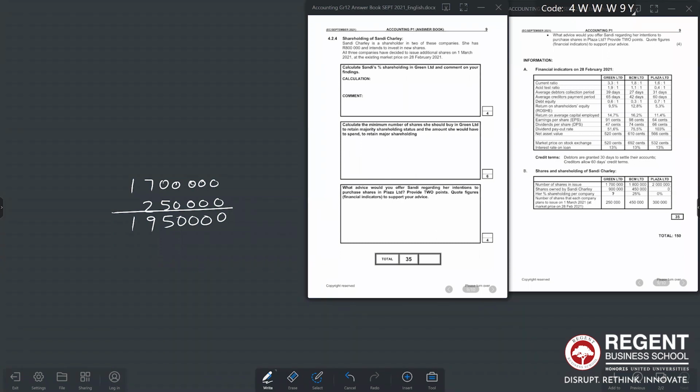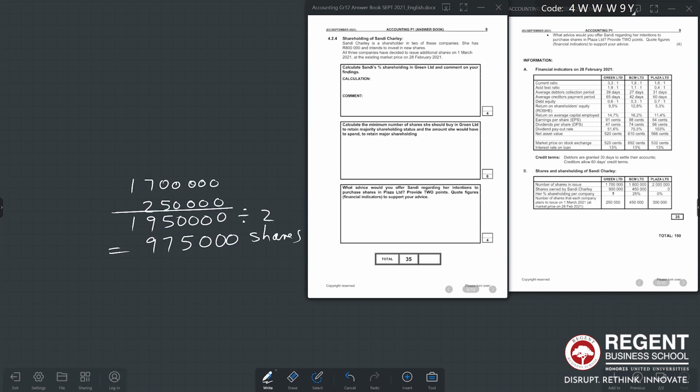Now, if you want to be majority shareholder, you must have more than 50% of that. So if I take 1,950,000 and divide it by 2, that will give me a figure of 975,000 shares. So, if you own 975,000 shares, you will have 50% of the company.